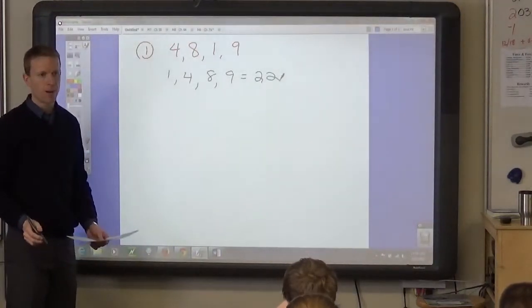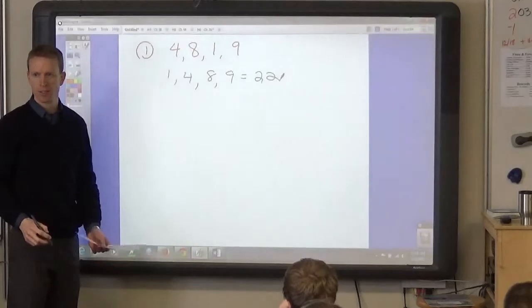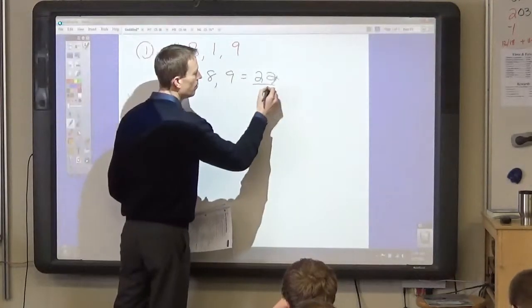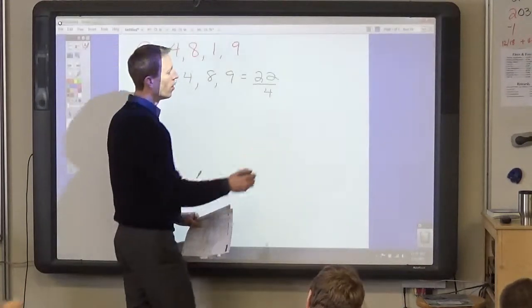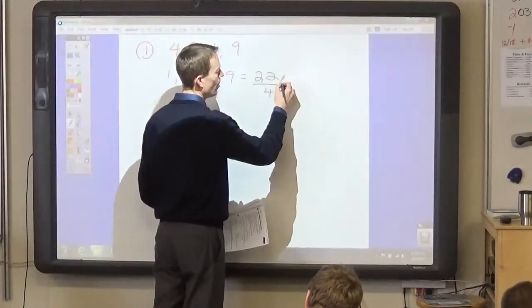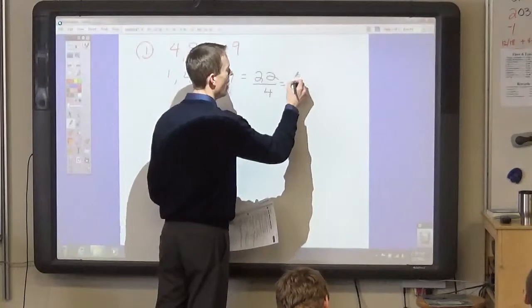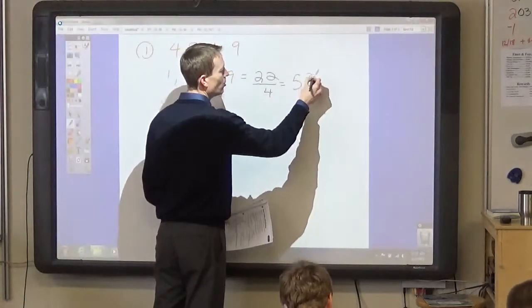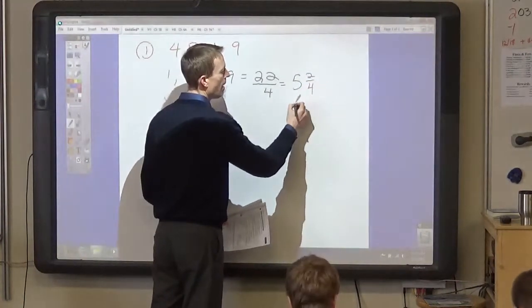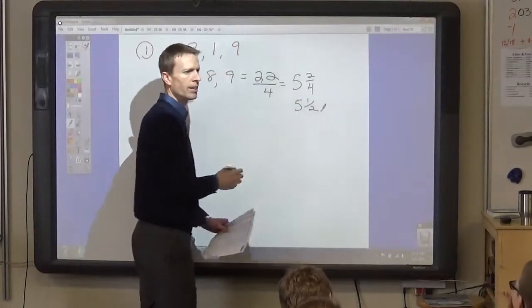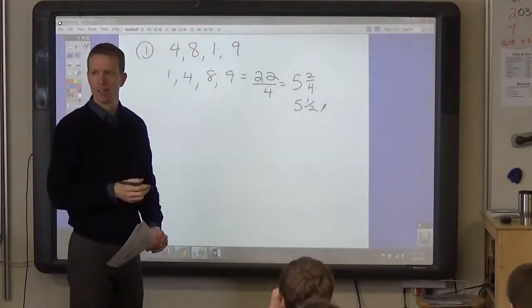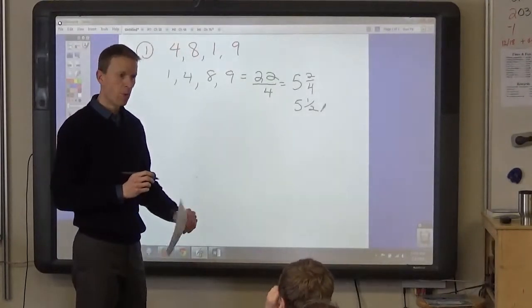Then we have to divide by the number of numbers. Divide by 4. And that's 4. And wait, it's what? That's 5. And 2/4, or 5 and 1/2. How would we write that as a decimal? 5.5.